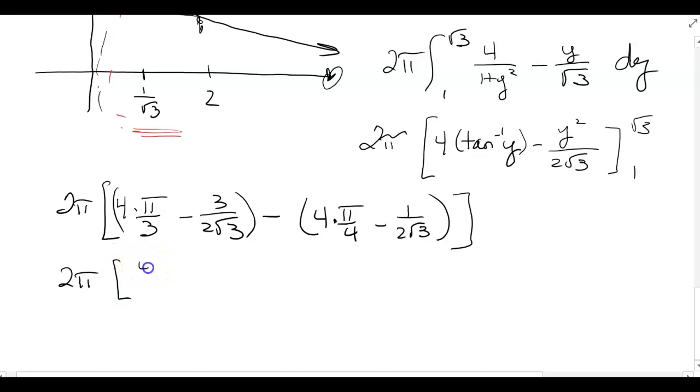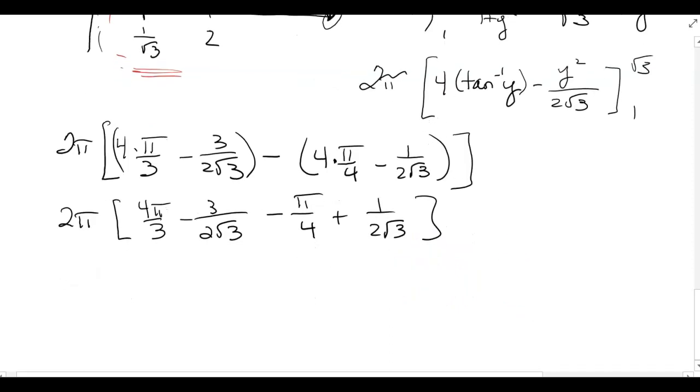So we have 4 pi over 3 minus pi over 4 plus, right? We'll just work it out real quick. 4 pi over 3.